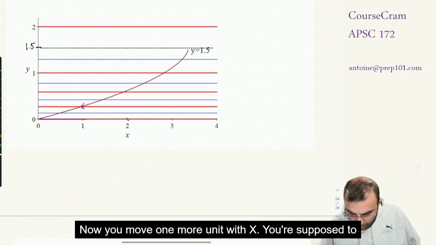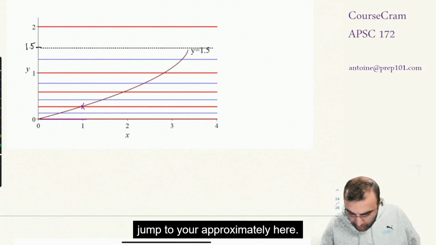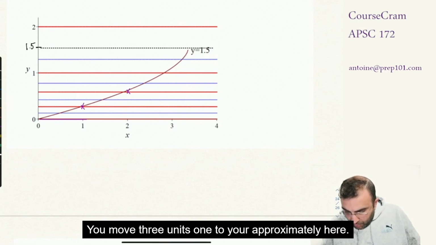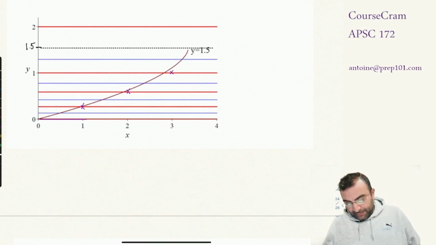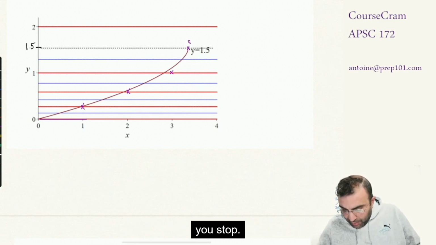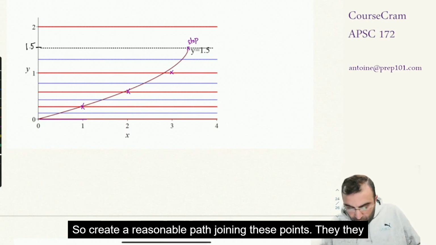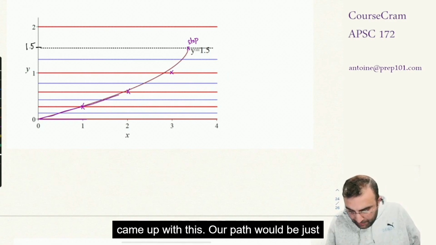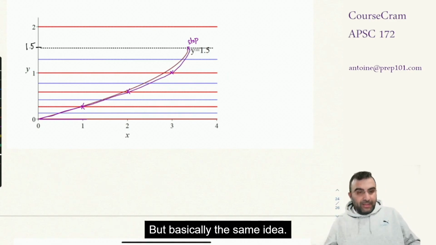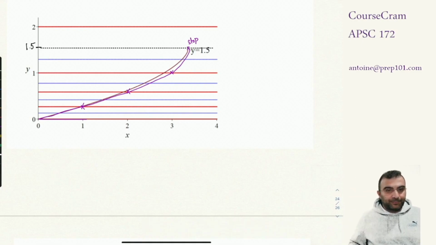Now you move 1 more unit with x, you're supposed to jump 2, so you're approximately here. You move 3 units, 1, 2, you're approximately here. And then you're at y equals 1.5, you stop. So create a reasonable path joining these points. They came up with this. Our path would be just a little bit like this, but basically the same idea.